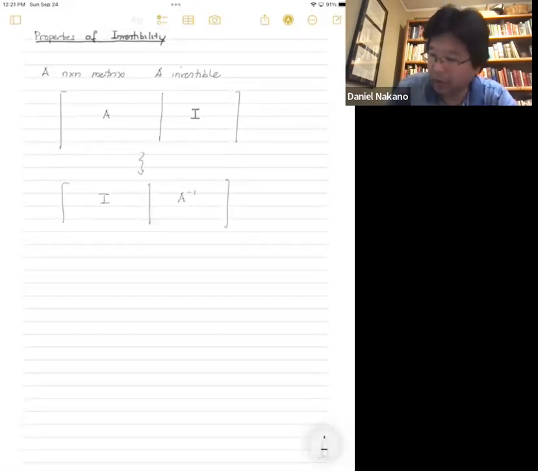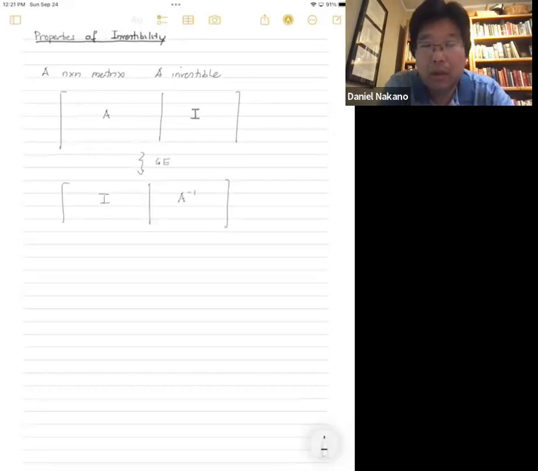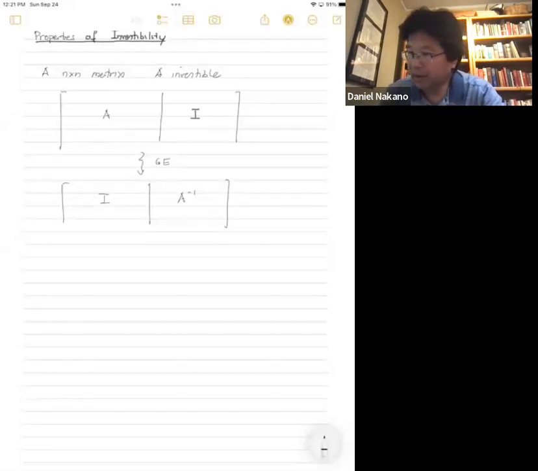Okay. And this uses the Gaussian elimination procedure. But the thing one should notice is that if we do apply this procedure, what we need is the identity matrix on the left.